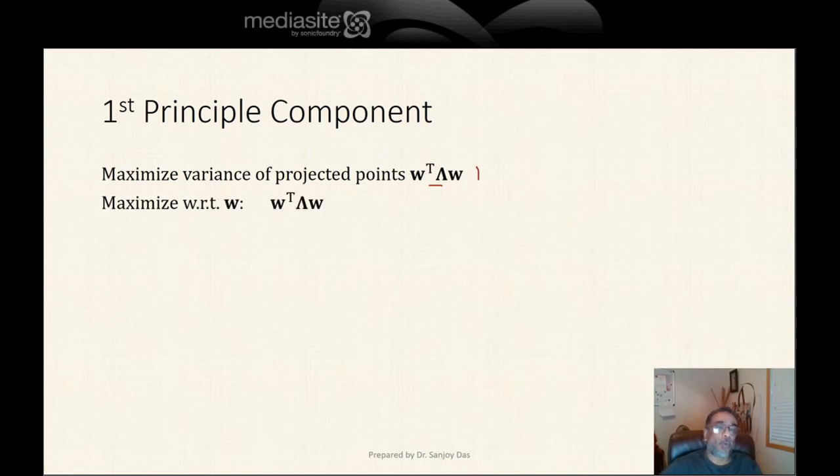So we have to maximize with respect to W, W transpose lambda W. This is the variance of the projected points, and W is the direction of the projection, and the constraint is subject to W transpose W equals 1. What does this mean? This constraint simply means that W is a unit vector.